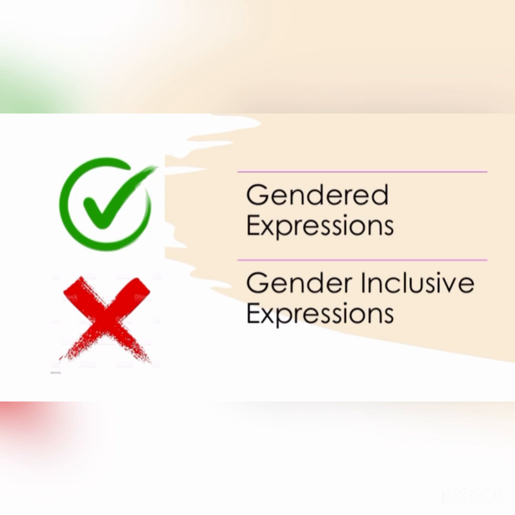You just have to say actor and poet, or all student, or humankind. Rather than using mankind, you can say humankind, or security guard, principal. All these words are gender inclusive, so you have to be careful about gender. You don't have to use gendered expressions in your paper. Rather than gender expressions, you can use gender inclusive expressions.